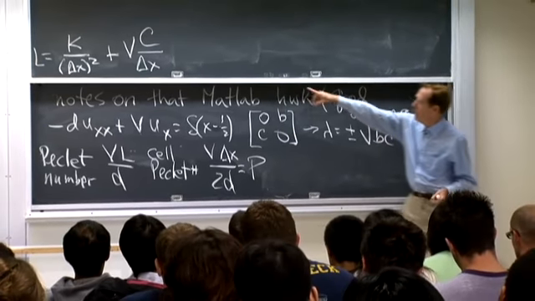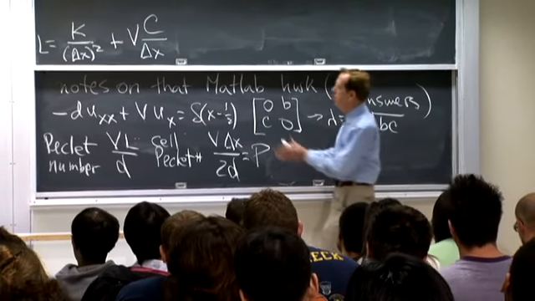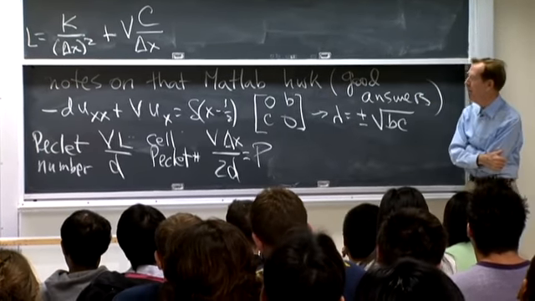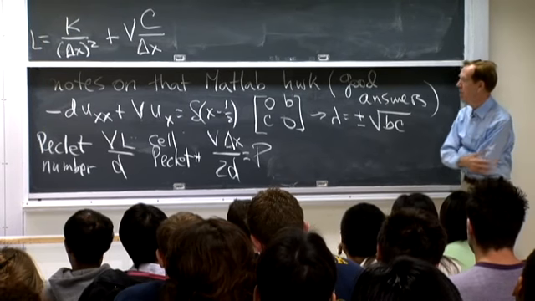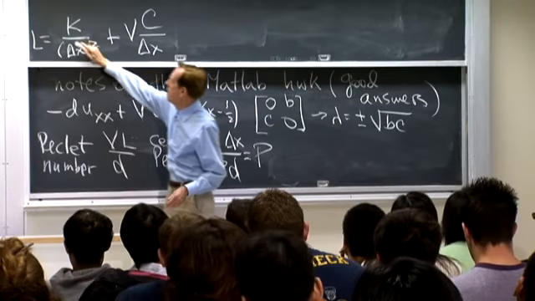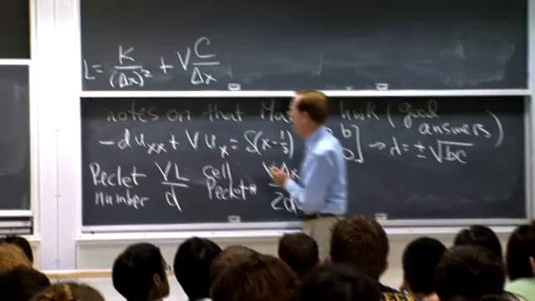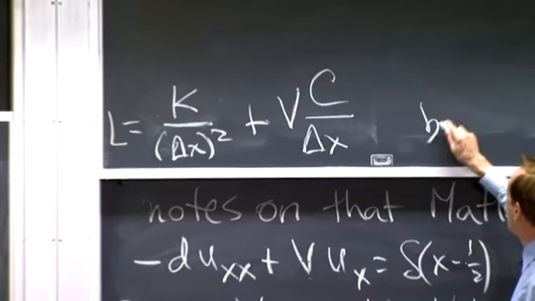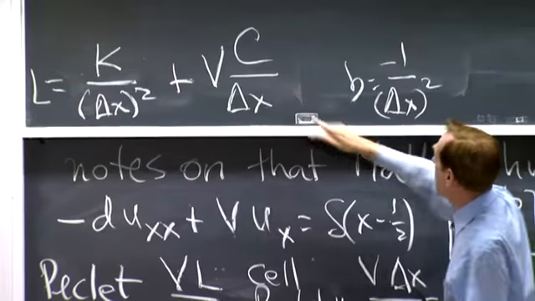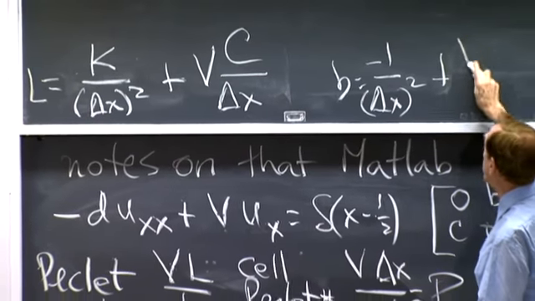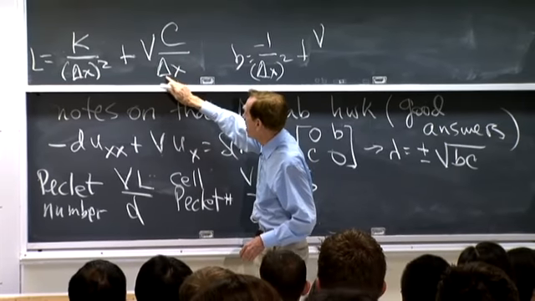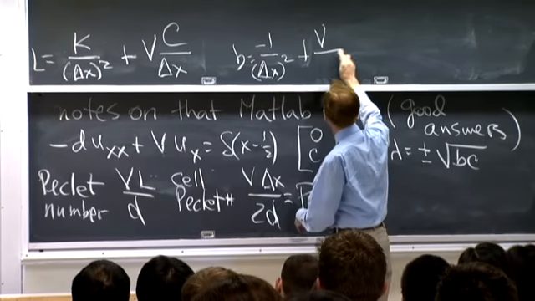So the off-diagonal part of that matrix had some number b and some number c. Actually, we could figure out what b was. K produced a -1, 2, -1, so part of b was the -1 over delta x squared. And then from the center difference came a plus v times 1 over, well, it's a center difference, so I should divide by 2 delta x.